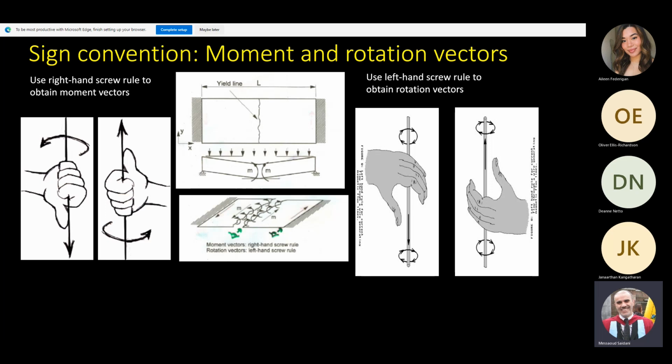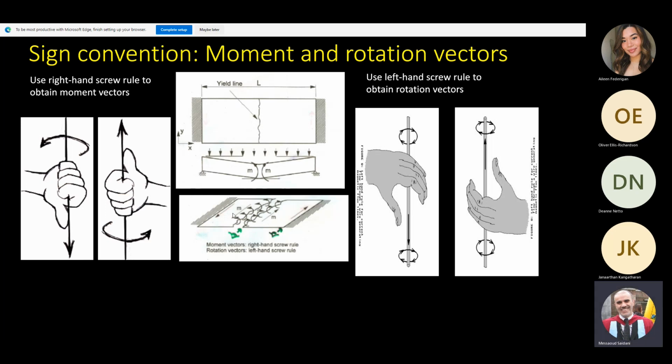Is that clear? Yeah. If you do this for the left side, for this region here, always using the right hand, you can see here we've got a moment this way, okay, and the thumb pointing towards me here gives the moment vector.